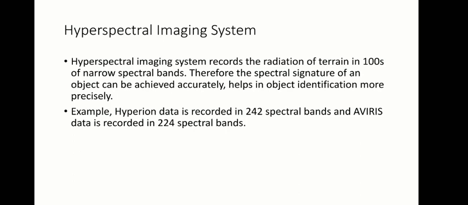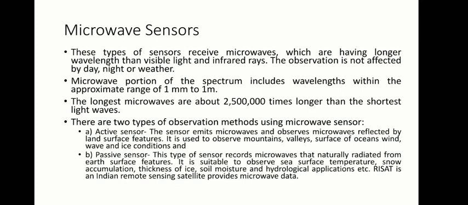Then comes the microwave sensors. These types of sensors receive microwaves, which have longer wavelengths than visible light and infrared rays. The observation is not affected by day, night or weather, and that's the beauty of microwave sensing.